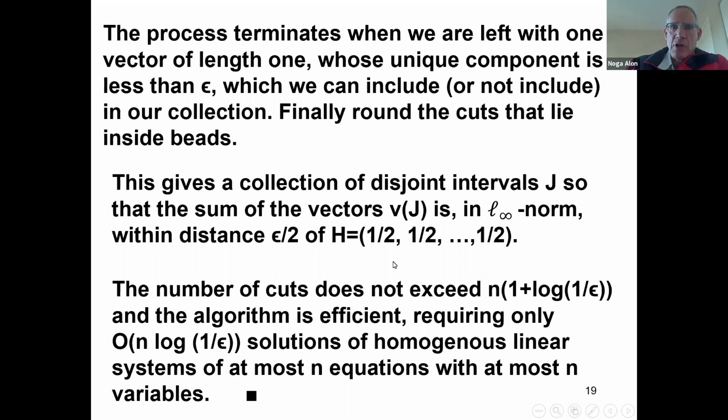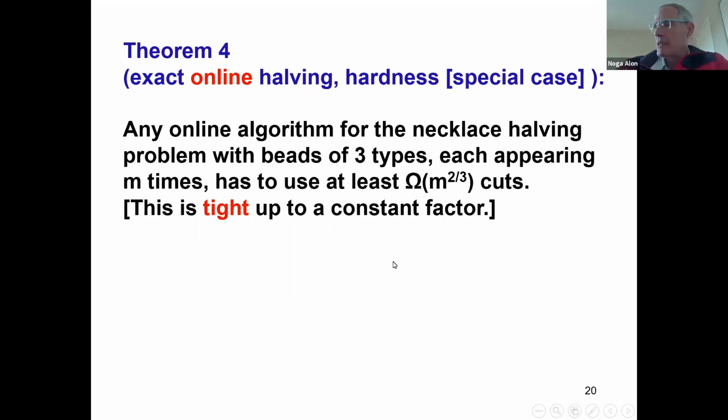Okay, so let me now say just something about a special case of the lower bound. This is what I stated before as theorem 4, and this is for exact online halving. So again, we get this necklace, now we get it online, and we want to split it exactly.